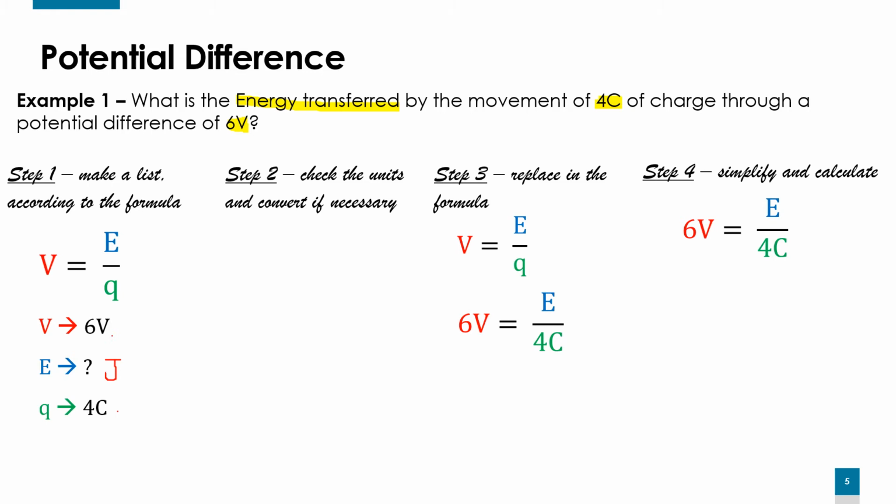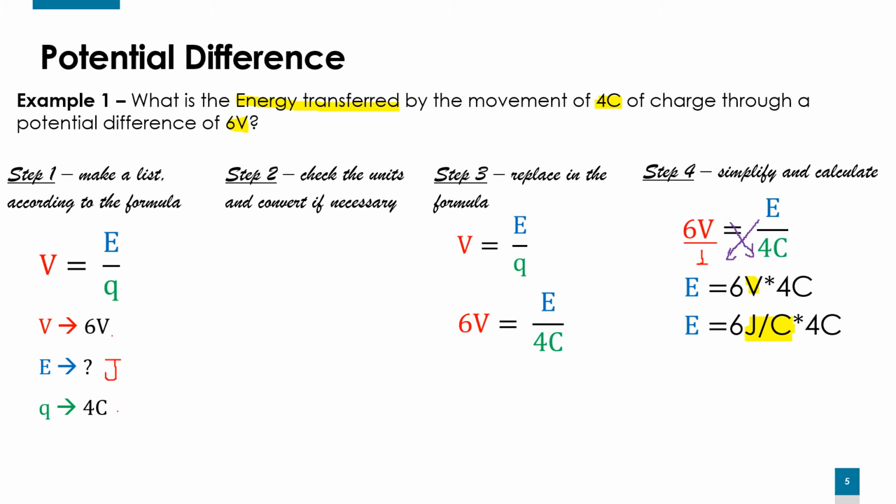Step 4, simplify and calculate. So I'm going to simplify. How do I do this? I can do cross multiplication. So E times 1 equals 6V times 4. So E is going to be 6 volt times 4C, or in this case, I'm just replacing to explain to you that volts is the same as joule per coulomb, okay?